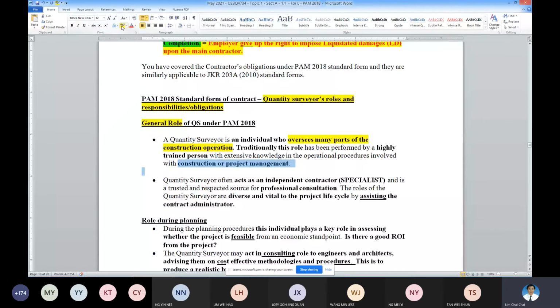The second one is to act as an independent contractor. Independent contractor means specialist. The word independent contractor here is not a contractor; it means specialist, which you cover under your law of contract. Independent contractor is a specialist.